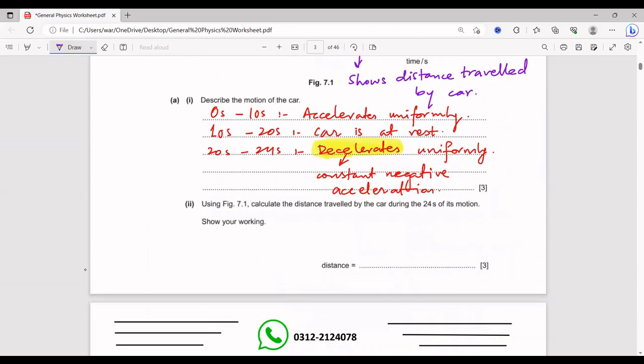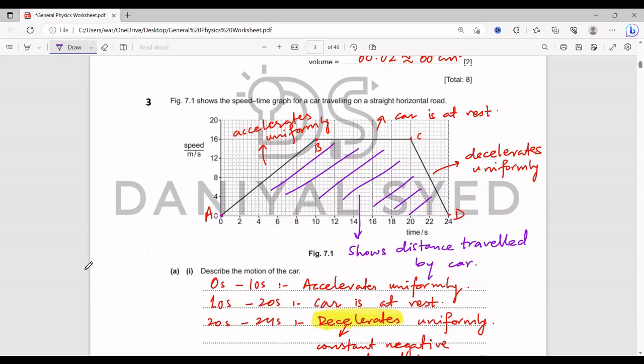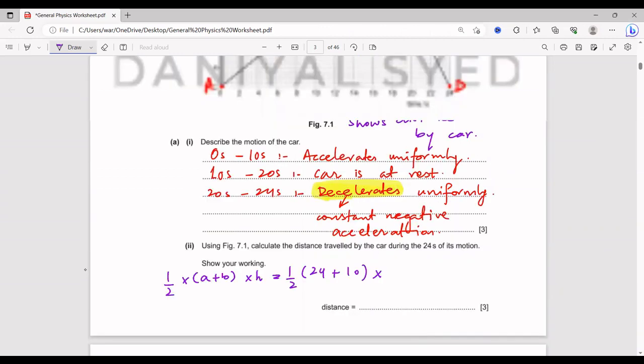The formula for the area of a trapezium is half into the sum of parallel sides into height. So half of parallel sides. The first parallel side is A to D, which is 24, and the second is B to C, which is 10. So 24 plus 10 times height.